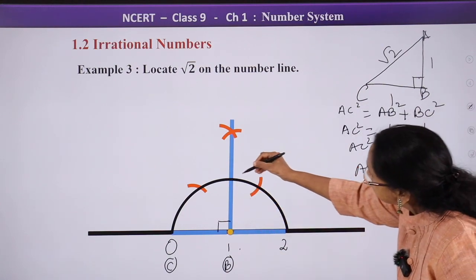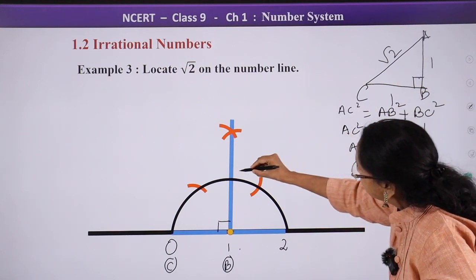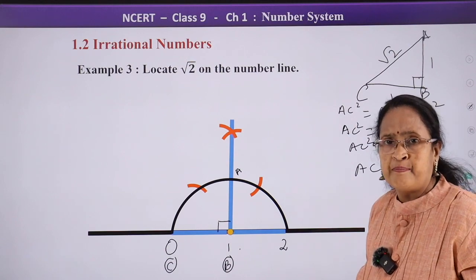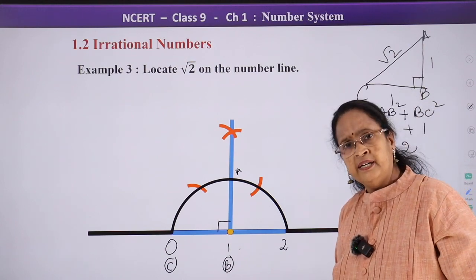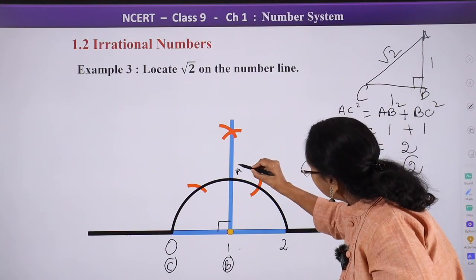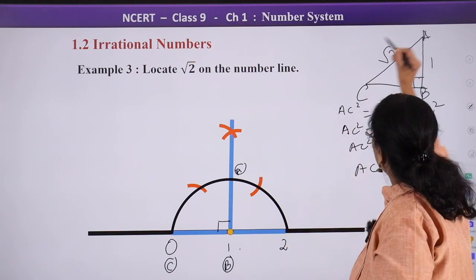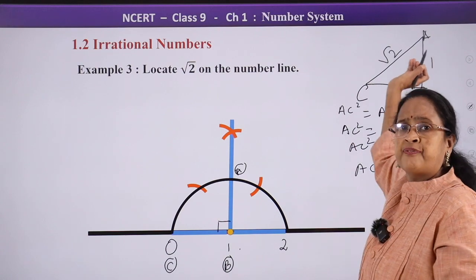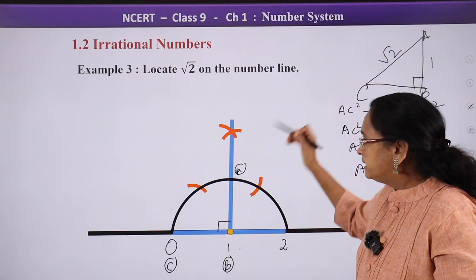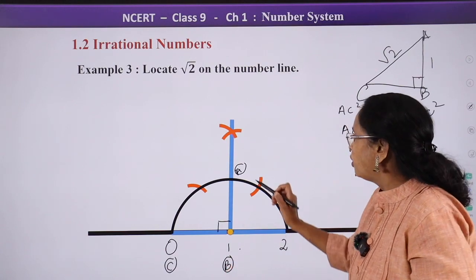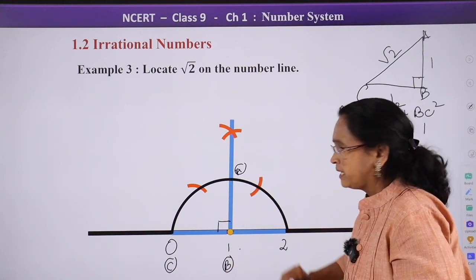Now what is this 1 centimeter point? It is the A which we have taken in our example. Is it clear? Now this A, please don't write in the exam. I am explaining only with reference to the rough diagram. This A, B, C is just for you to understand. So this is the point 1 centimeter.